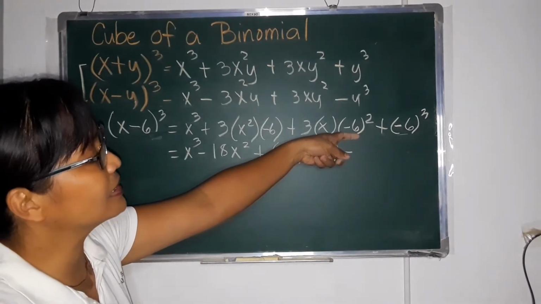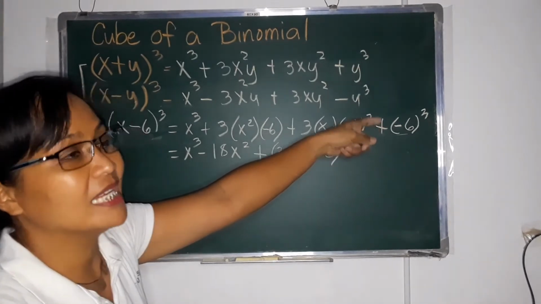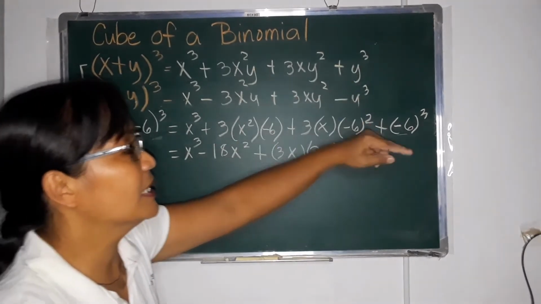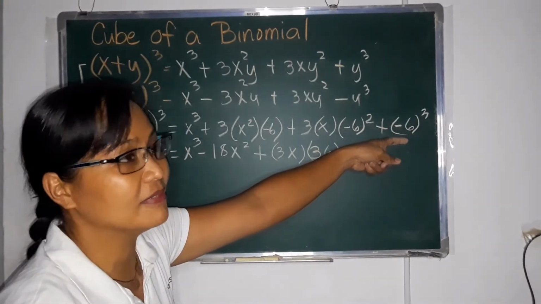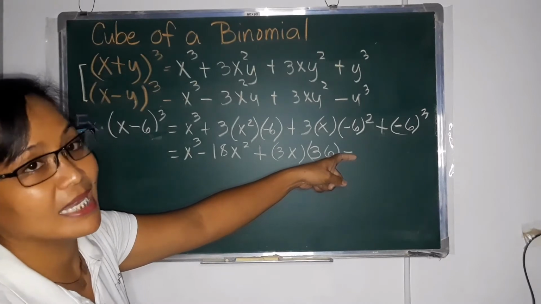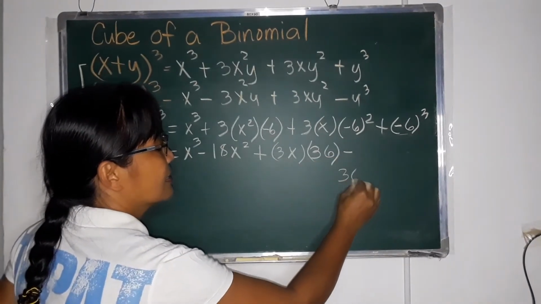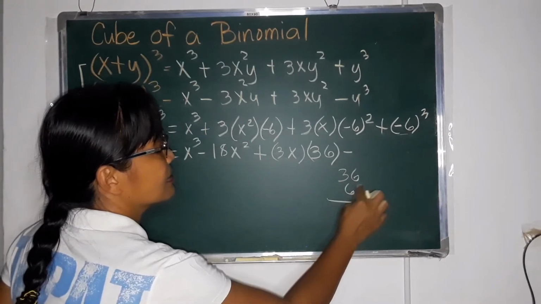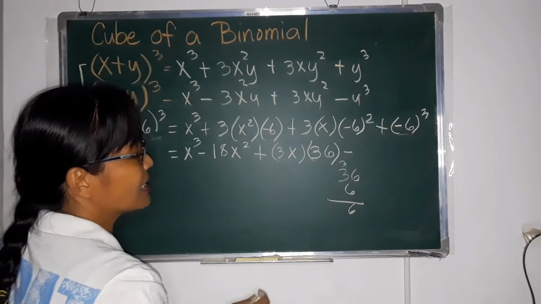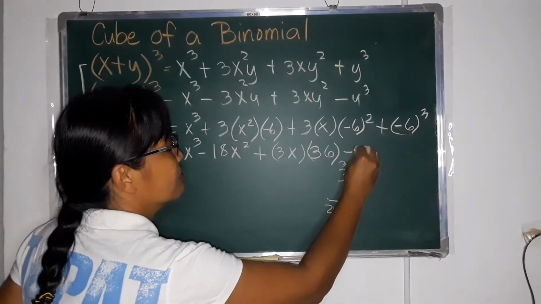Kung ang base natin ay negative, ang exponent ay even number, then the answer is always positive. But if the base is negative and the exponent is odd numbers, the sign is always negative. So 6 times 6, 36, times 6, so 6 times 6, 36, carry 3, 6 times 3, 18, plus 3, 21. So we have 216.